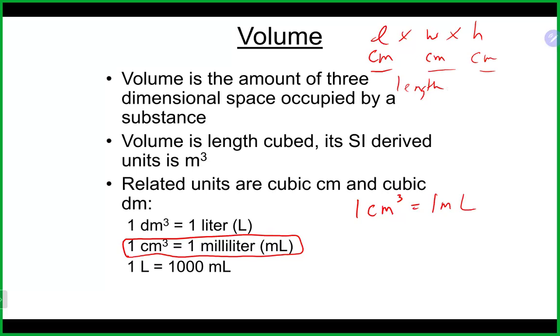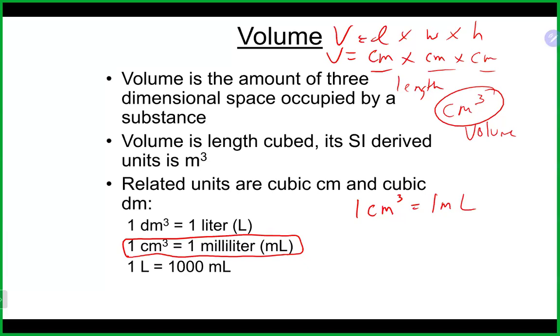So if you took a cube and you measured it with a ruler, the length times the width times the height, those are all length measurements. If you multiply all those measurements together, in the case of a cube, that will actually equal a volume, and you will get a cubic centimeter, which is actually a volume. So that's how we get cubic centimeters.